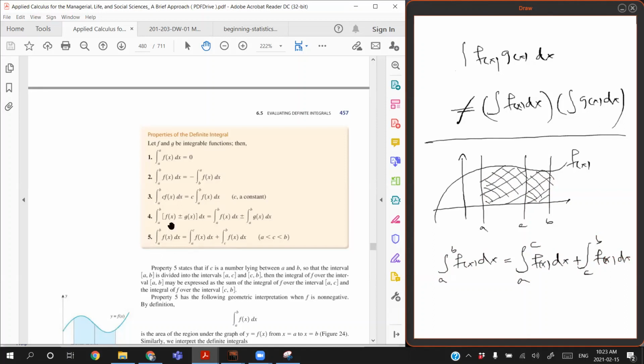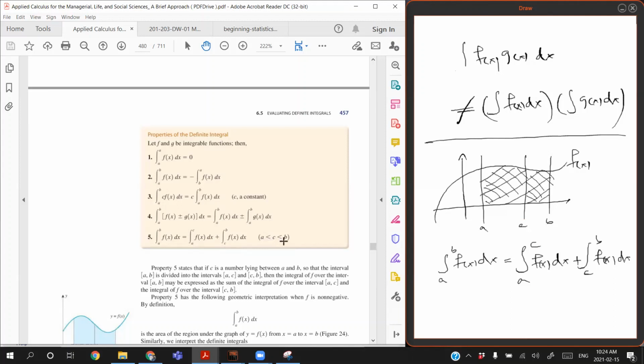So this property number 5 basically says that the whole area from a to b can be divided into two sub areas, from a to c plus from c to b. But the thing is, here it says that c is between a and b, but actually, algebraically, it's possible to prove that this is true for any real number.